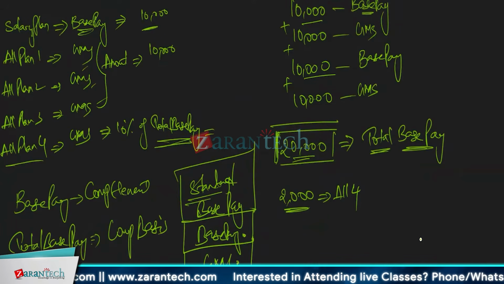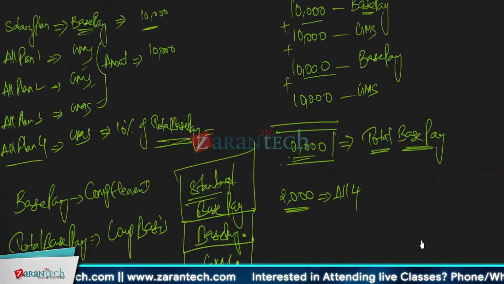I'm just going to add GMS as well as one of the compensation elements in the standard base pay group. Now, what would happen when you add an additional comp element such as GMS in this? The total base pay will become 1, 2, 3, 4, 40,000.